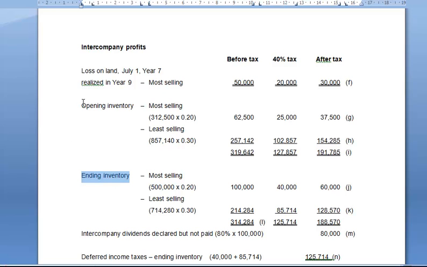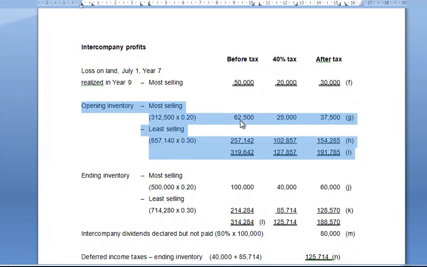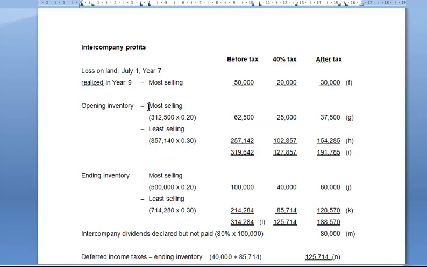Let's look first of all at opening inventory here and see where we're getting our data from. Well, if we look at the additional information, let's look at opening inventory, most selling. You can see there that there's a piece of information there that talks about, in your textbook, the December 31st year 8 inventories of leased contained 312,500 of merchandise purchased from most.